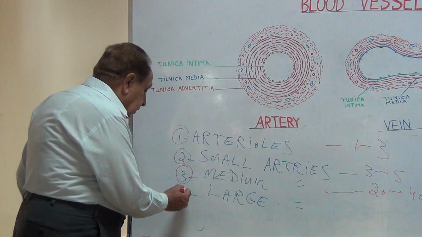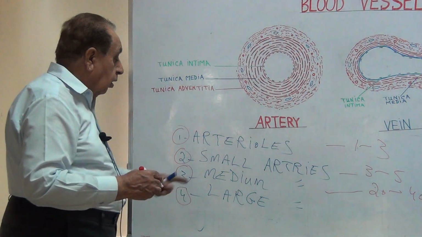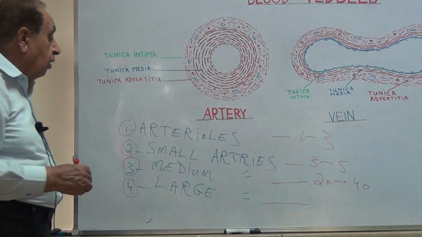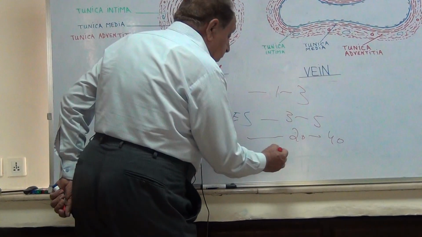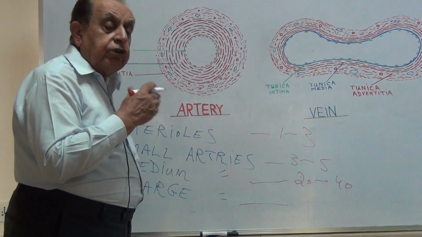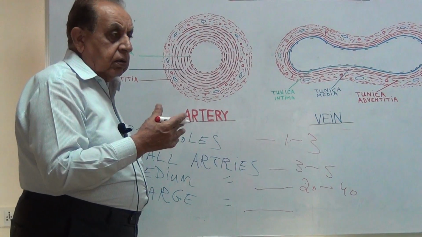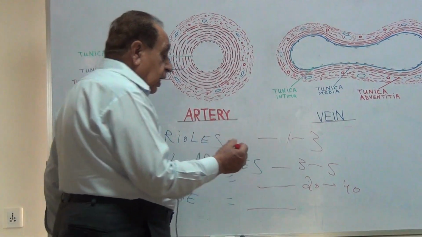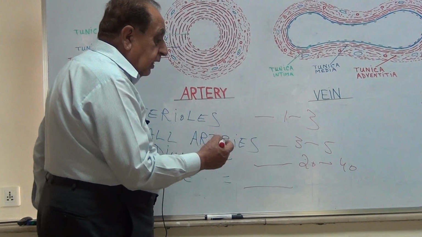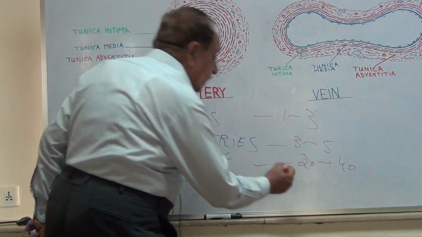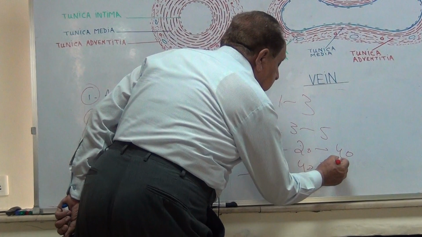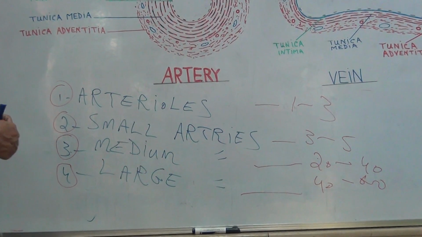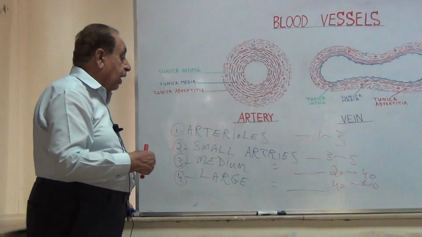Then the large arteries. These arteries have the tunica intima, covered by endothelium. Then outer to tunica intima is the tunica media, which contains 40 to 60 layers of smooth muscle fibers.